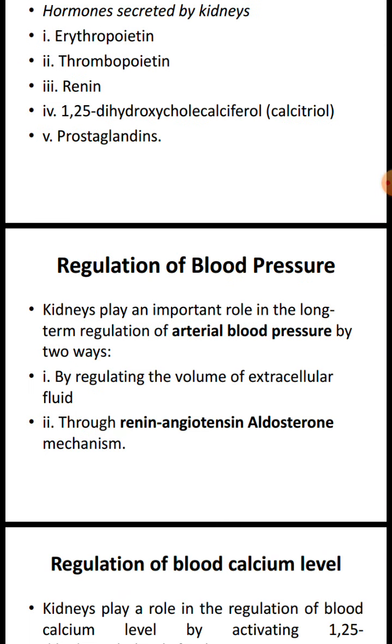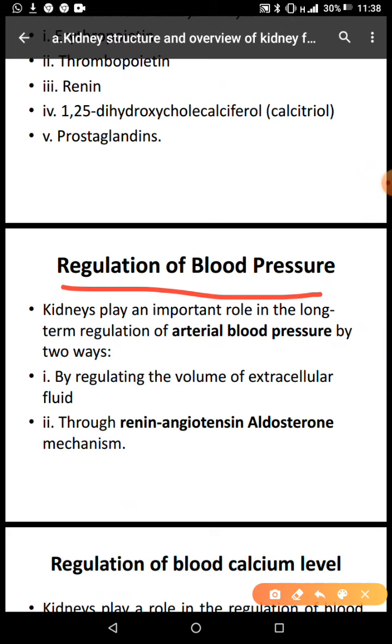The kidneys are also involved in regulation of blood pressure. We know that the normal blood pressure is 120/80. The kidneys are important in long-term regulation of arterial blood pressure in two ways.